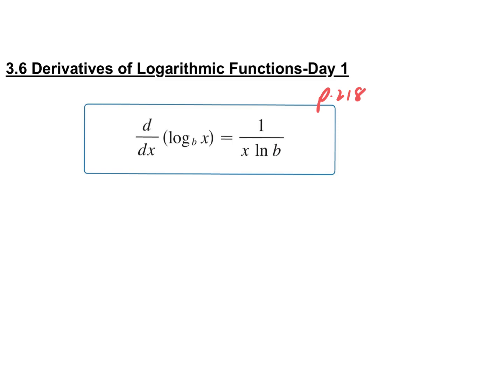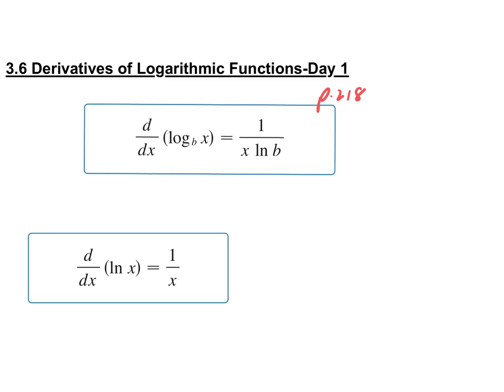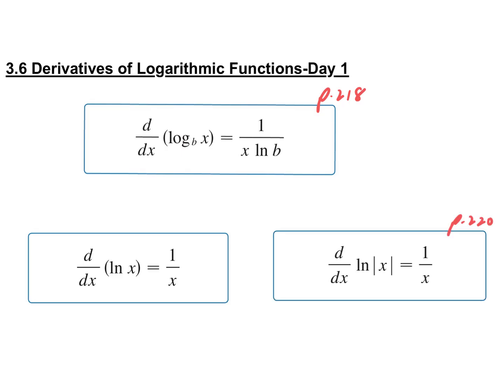The next one is definitely one you need to know and is fairly common. That is the derivative of the natural log, and that's just 1 over x. Pretty straightforward. Again, same page. It's on 218 in your book. The last one is on page 220, I want to say, and that's the derivative of the natural log of the absolute value of x.